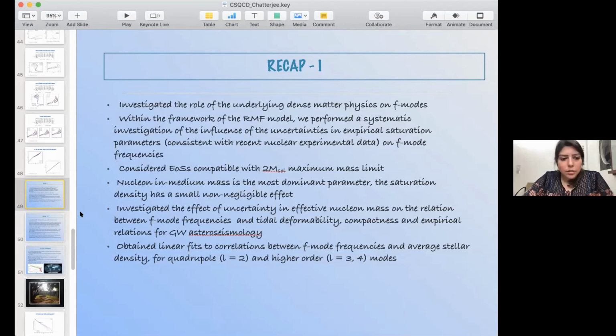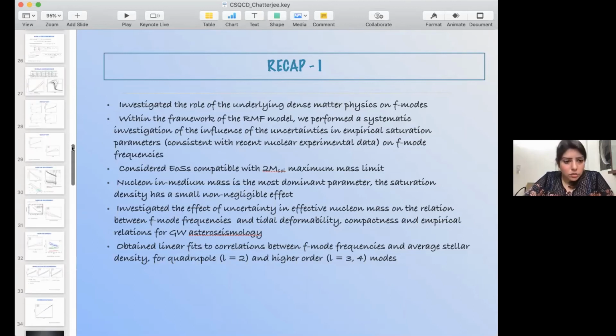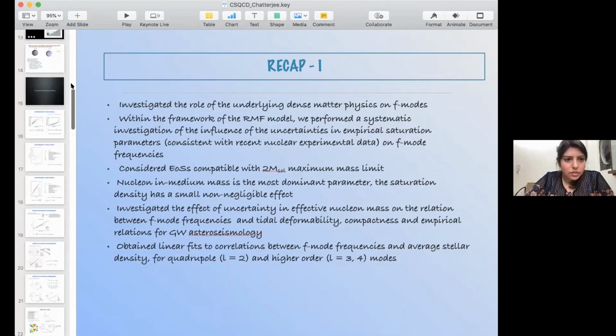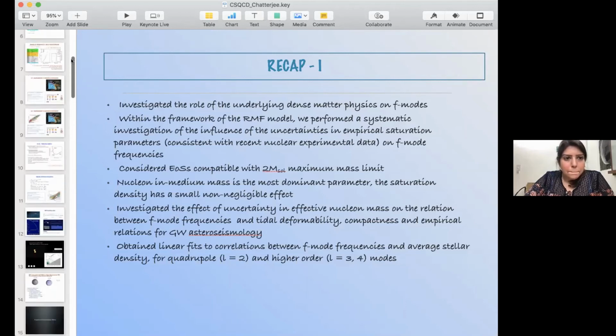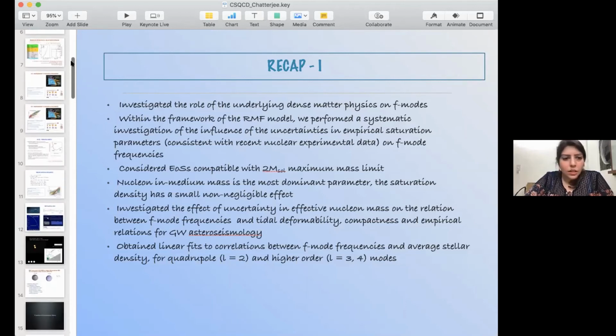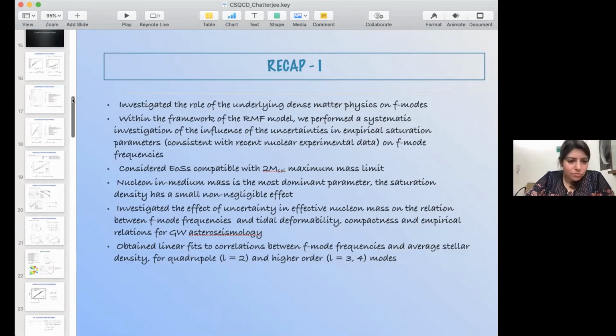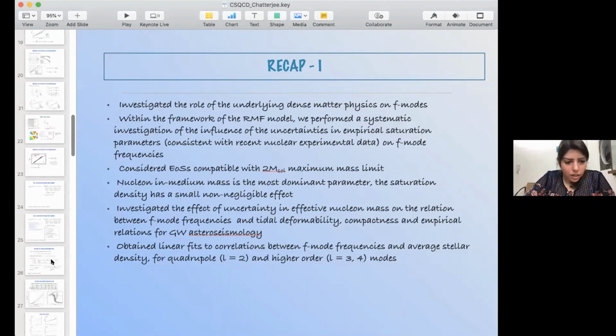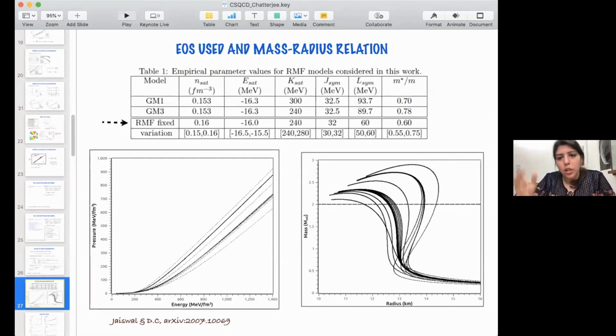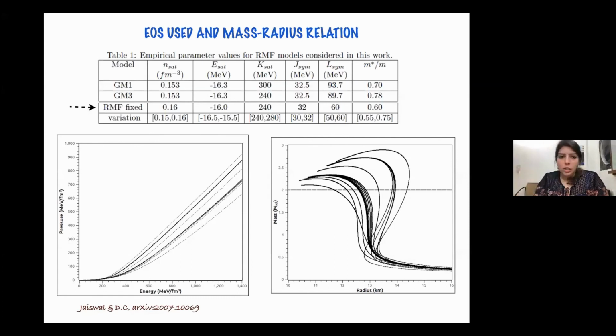Okay, maybe I go back to the slide. Here, GM1 and GM3 were only reference models, because they are relativistic mean field models.